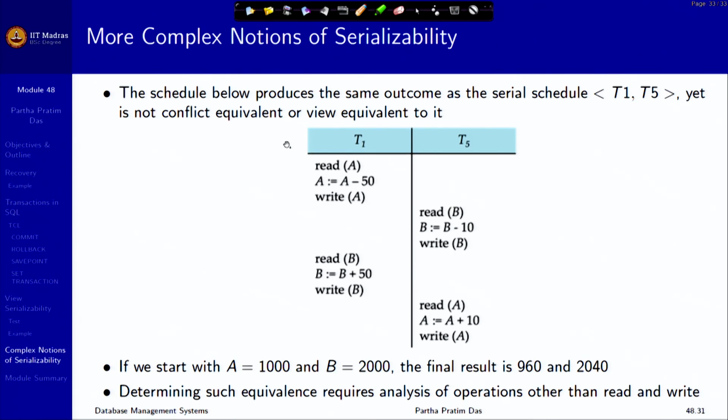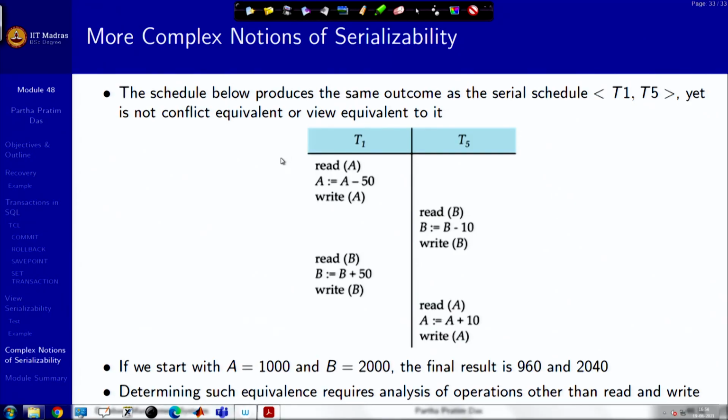So, if you consider this particular example, this is not view serializable. If you look at this in this way, you will see that neither T1 followed by T5 nor T5 followed by T1 will be view equivalent to this.